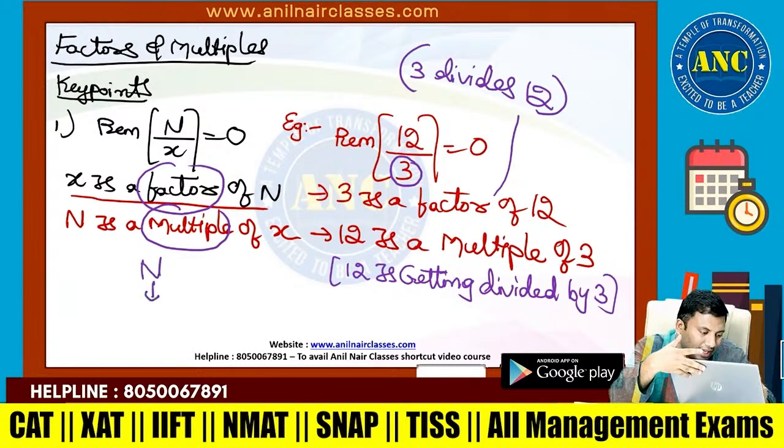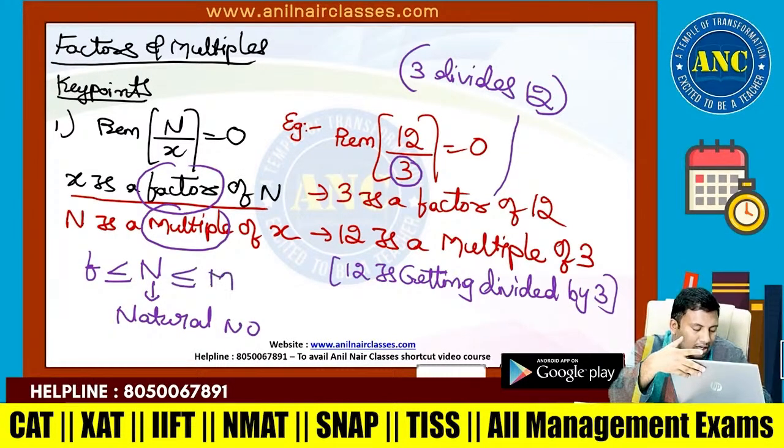Suppose I take a natural number n. A factor is always less than or equivalent to the number. A multiple is always greater than or equivalent to n.